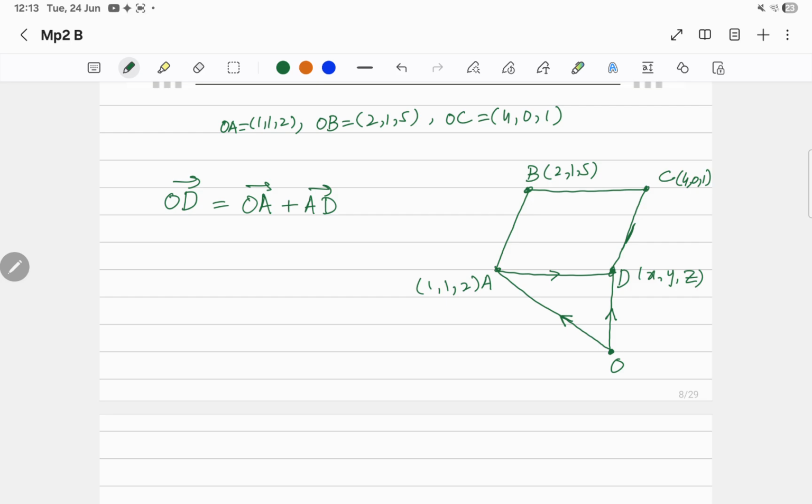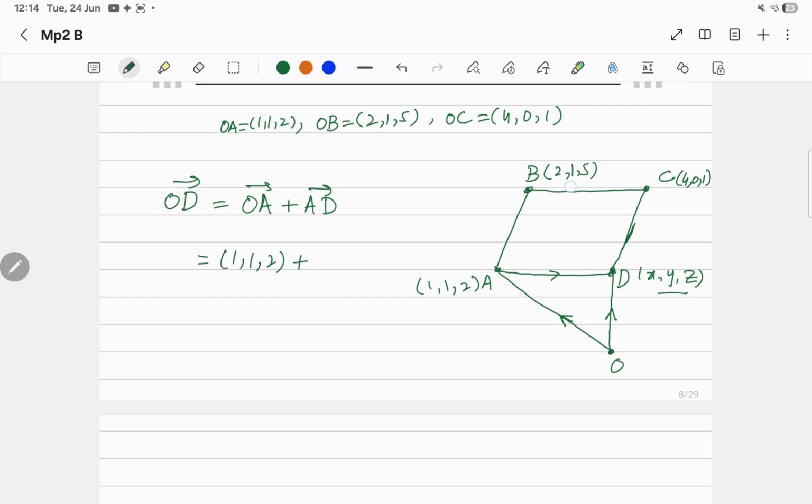So this vector OA is 1, 1 and 2, but we can't define AD because D is not known. We have to work out the coordinates of D.